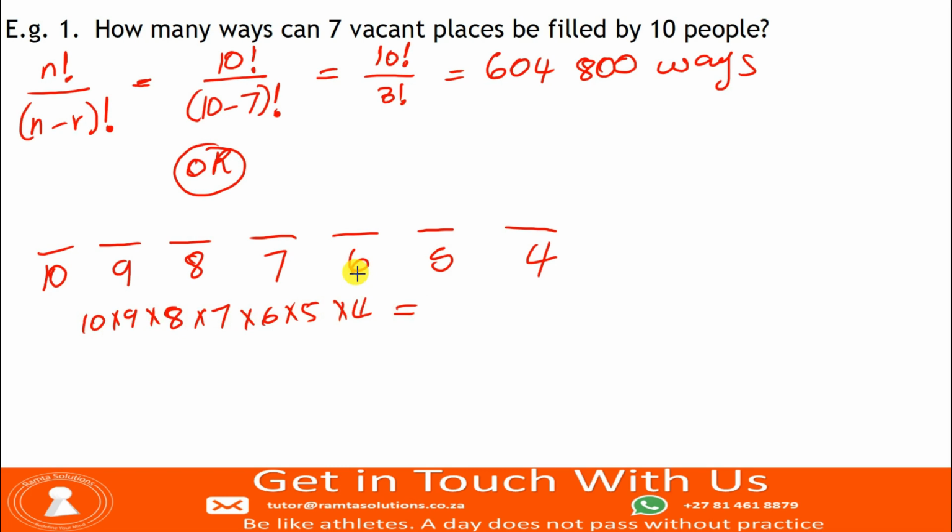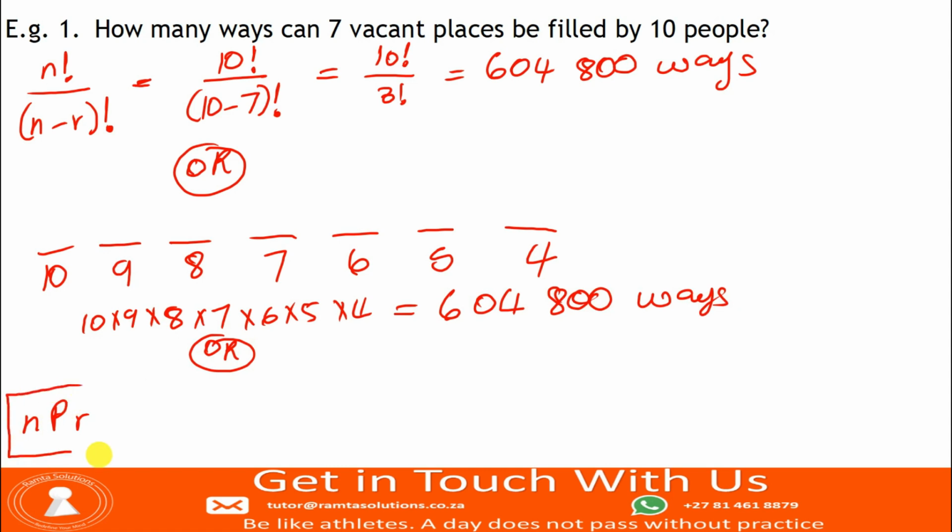So this is 10 times 9 times 8 times 7 times 6 times 5 times 4. What is it? It is 604,800 ways.